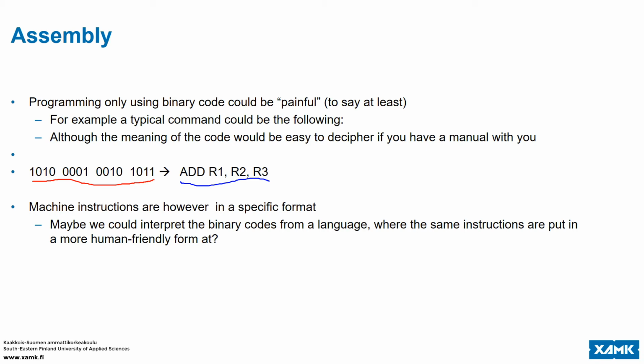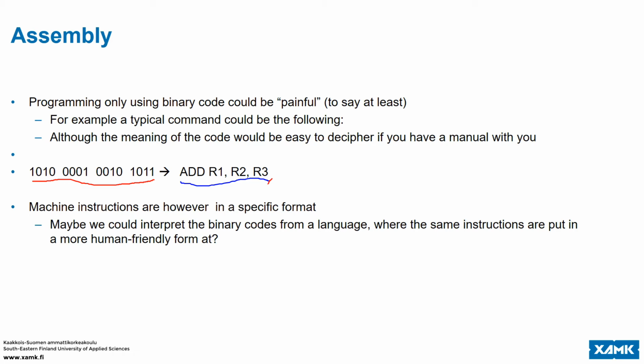So probably in this very made-up example, this command to add will take values from registers R1 and R2, add them together and store the result in R3. Anyway, this is a completely made-up example just to demonstrate how this translation between a binary number format and a symbolic machine language format is done.